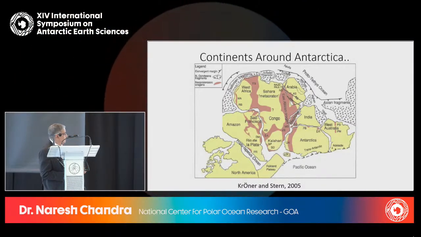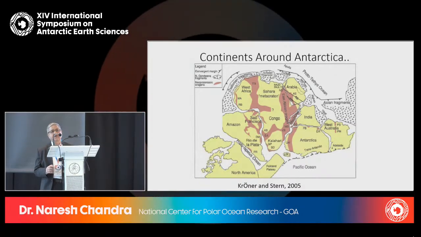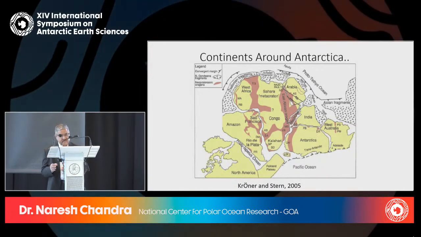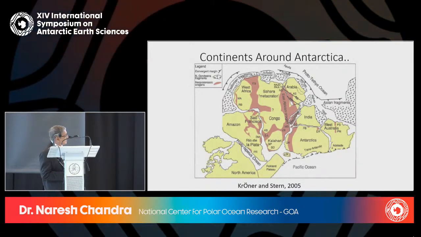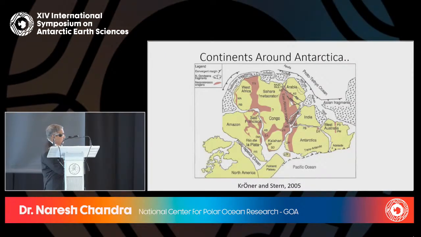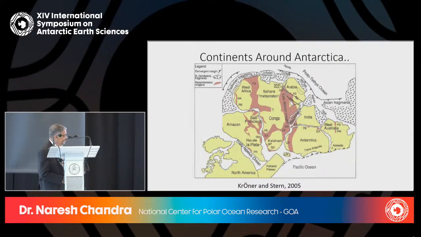However, the adjacent land information is limited to the outer domains only, not the inner domains. Now, this leaves a very large area, really a continent scale area, without any source.